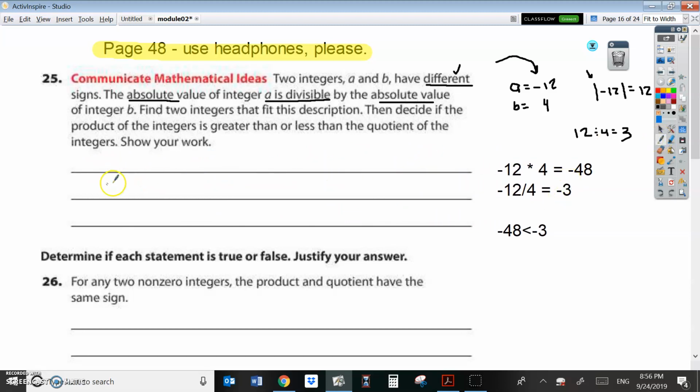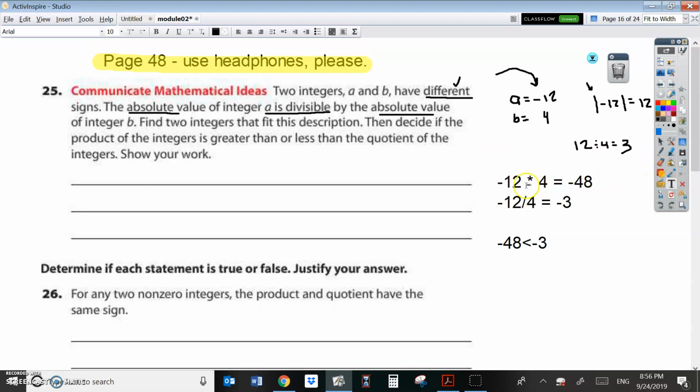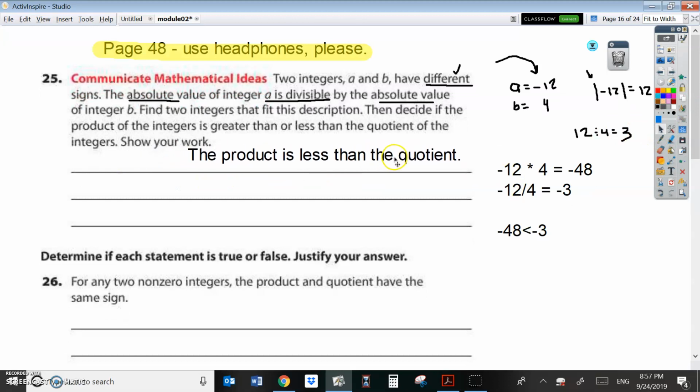So, product is less than the quotient. Product is here. Quotient is here.